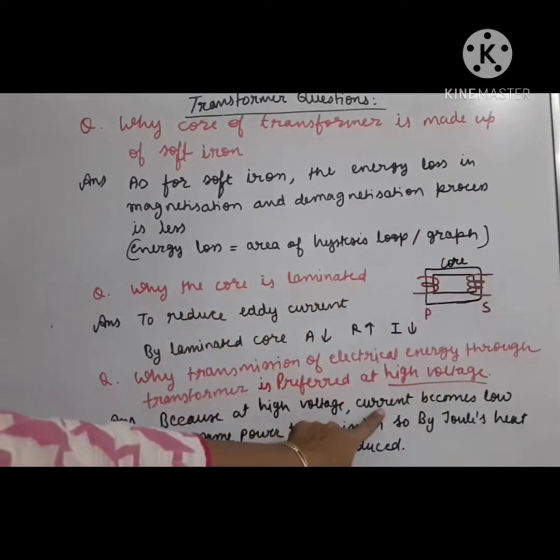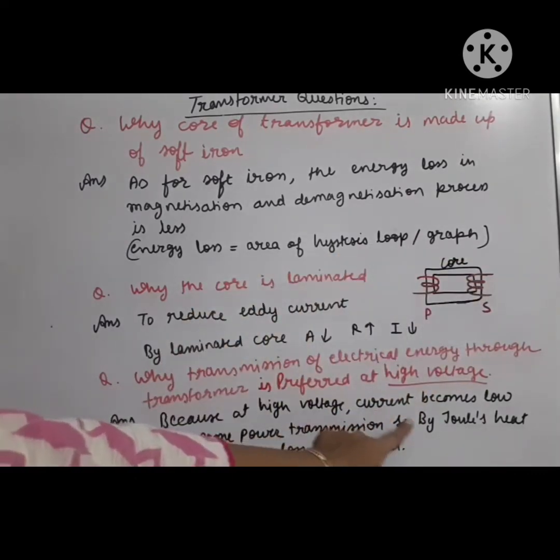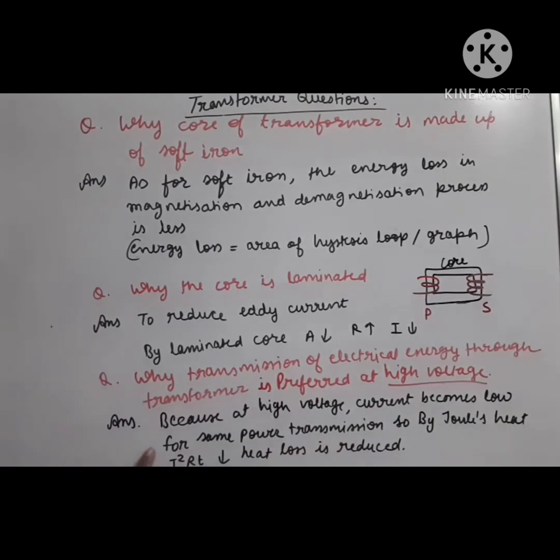So when the current flows through the wires, then Joule's heat law says that heat loss is there, I square R T. Okay, so this I square R T heat loss will be reduced if we reduce the current. So that's why the electrical energy transmission takes place at high voltage.